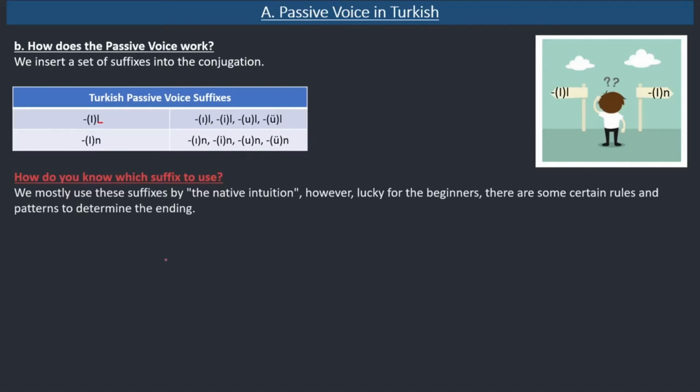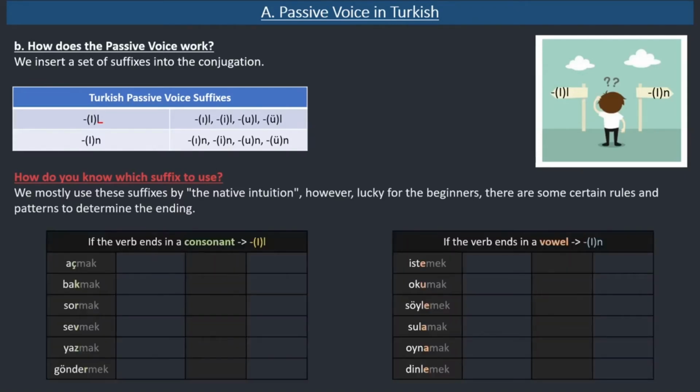Now that's the tricky part actually, but luckily there's a way to tell. We basically take a look at the last letter of the verb. Now I will show you these examples. There are now these two tables. If the verb ends in a consonant, you put il, ıl, ul, ül.